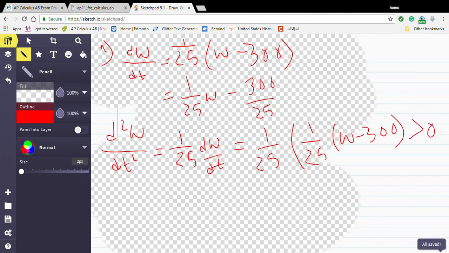So now we can say that therefore d squared W over dt squared is concave up because it's positive.